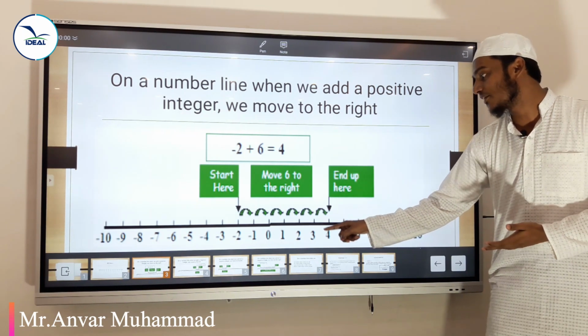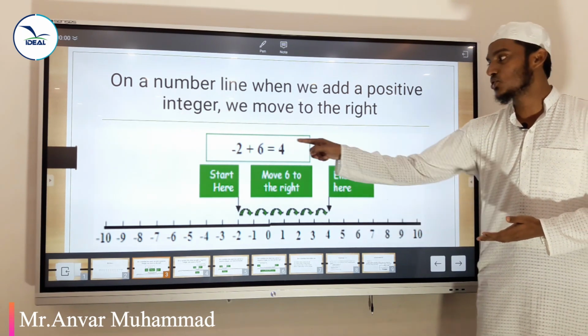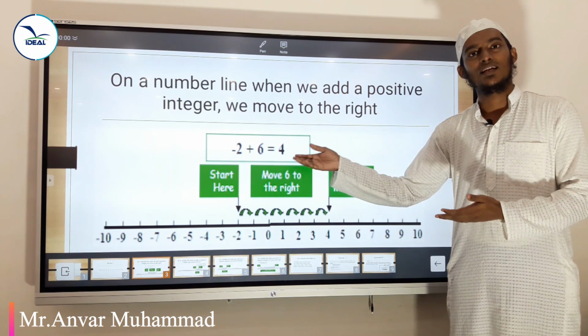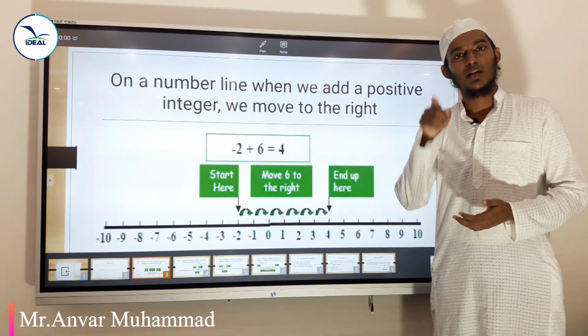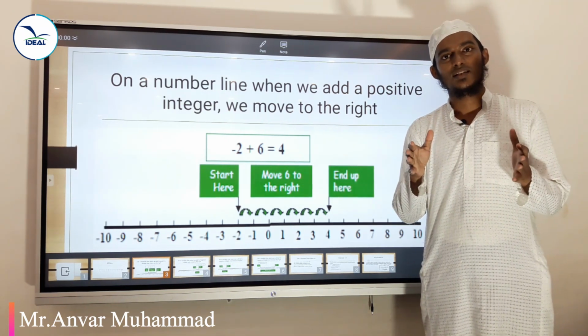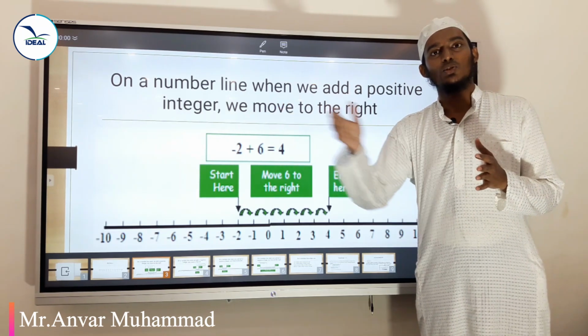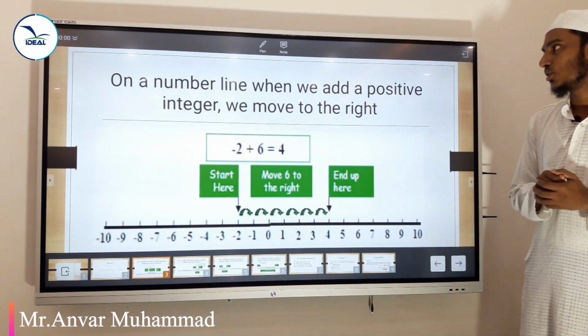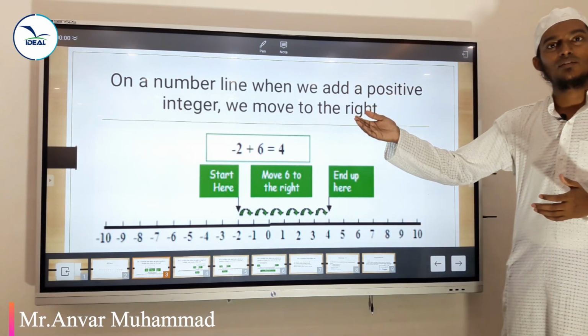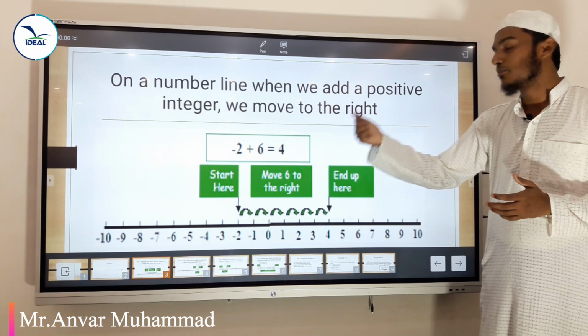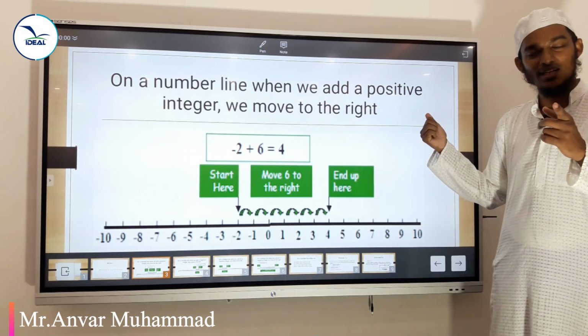So you end up at 4. So -2 plus 6 is 4. You are adding a positive integer, so you move 6 places to the right. On a number line, when we add a positive integer, we move to the right. I think it's very clear to you. Okay, fine.